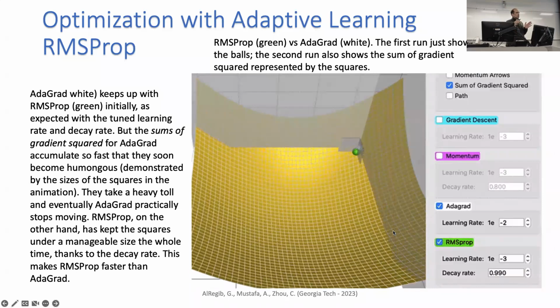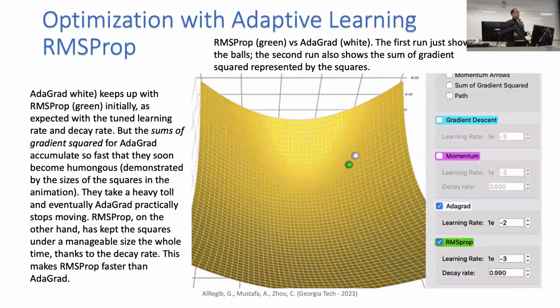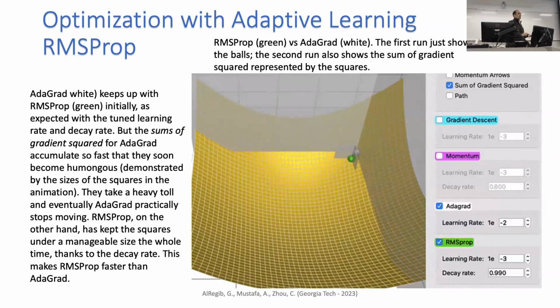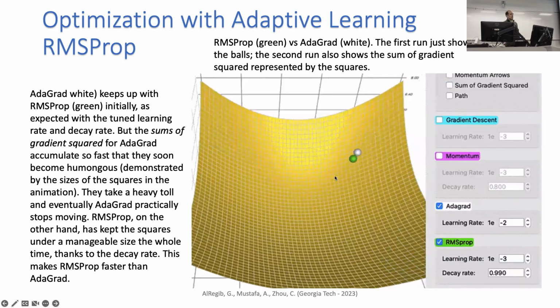So you don't just keep adding from the first instance. You just look at the previous one, two, three or four. That's what really matters. So the square of the gradients becomes manageable as you move on, and that's how you look at these squares. You see that the squares around here are much smaller in that case. Does that answer the question?